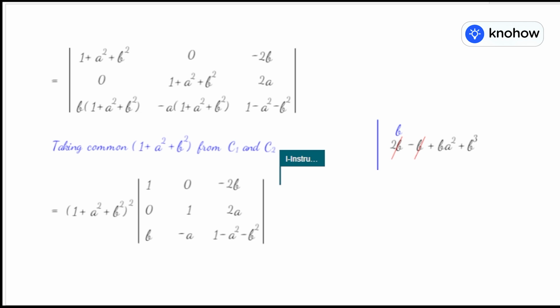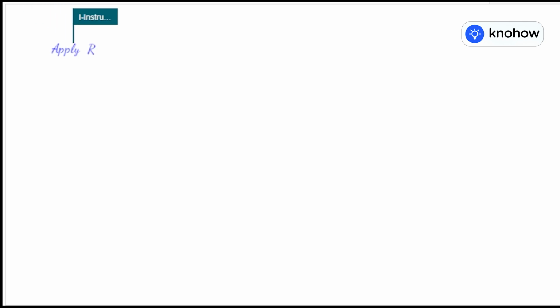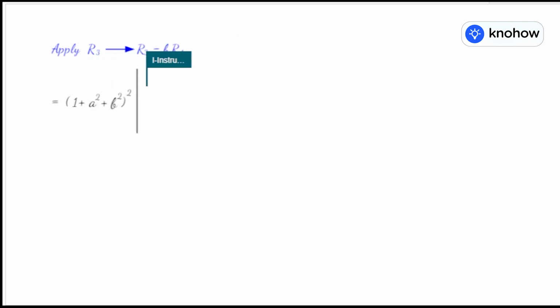So let us change R3 to R3 − b times R1, that is, multiply R1 by −b and add to R3. (1 + a² + b²)² is already outside. Keeping R1 and R2 the same, R1 is 1, 0, −2b, and R2 is 0, 1, 2a.